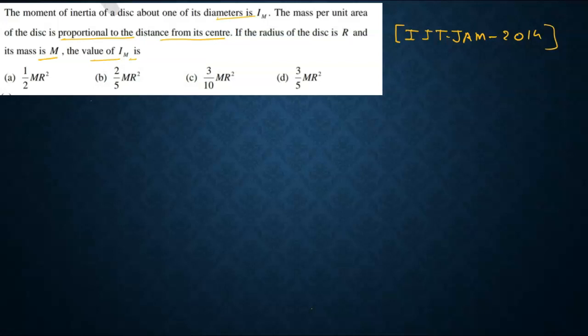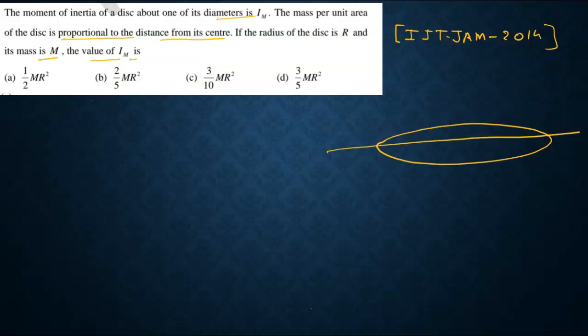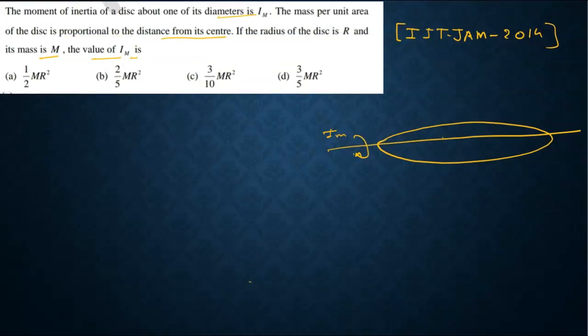So basically we have a disk here, and we are asked to find the moment of inertia about its diameter, that is Im, where it is given that sigma, the mass per unit area, varies as x, the distance from its center.